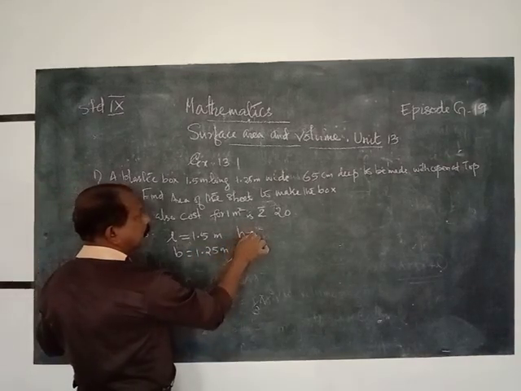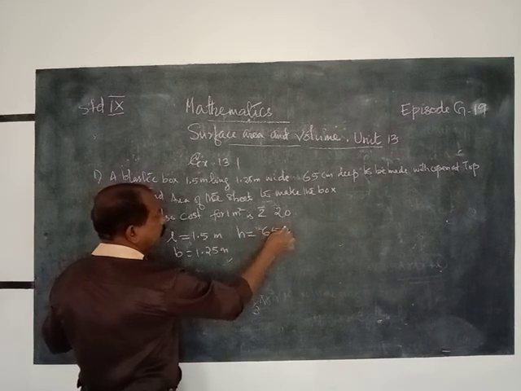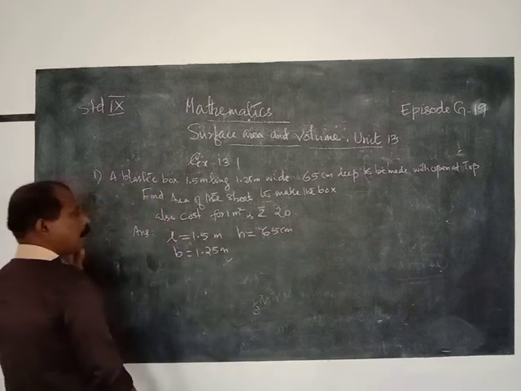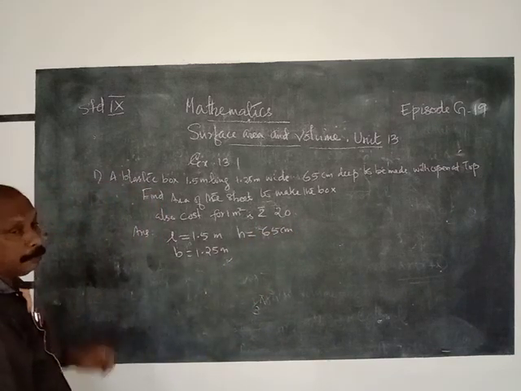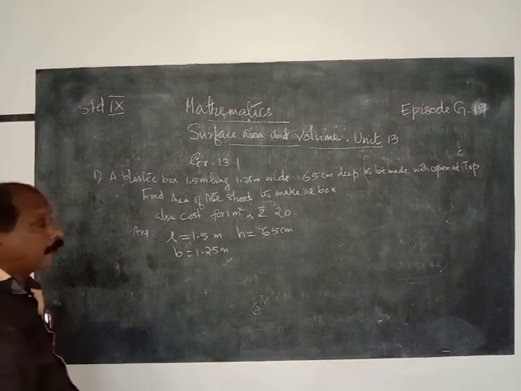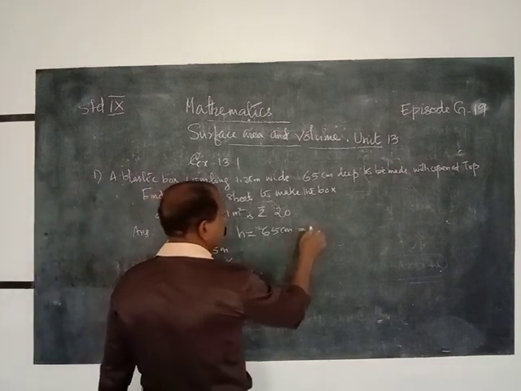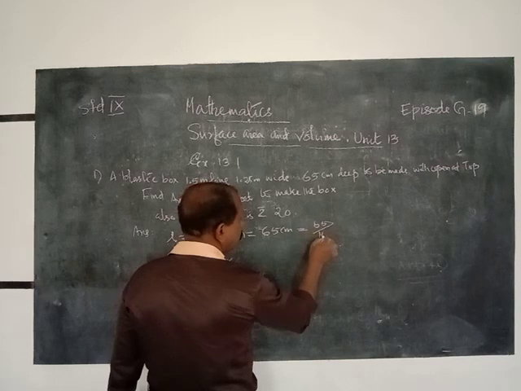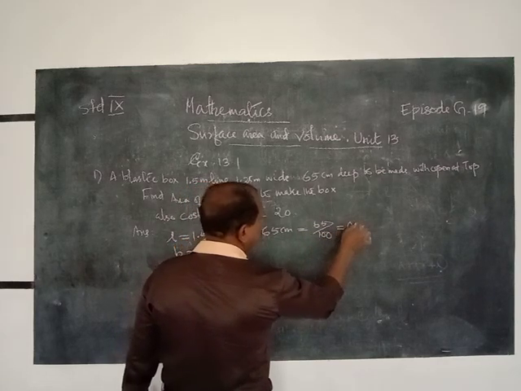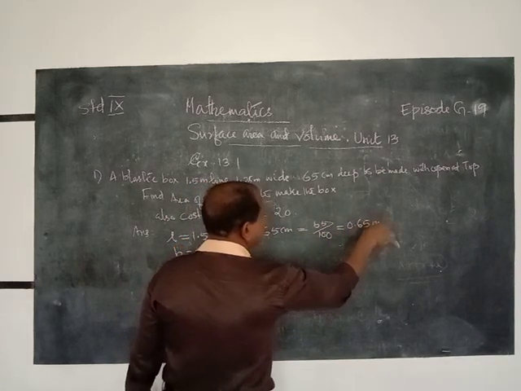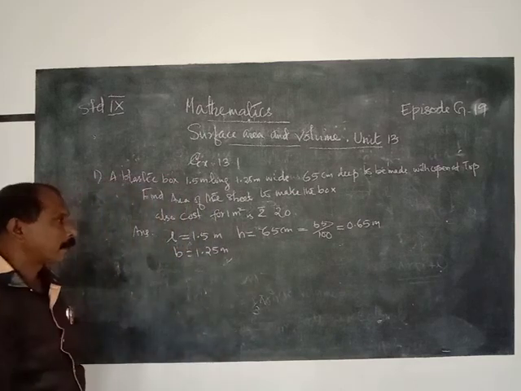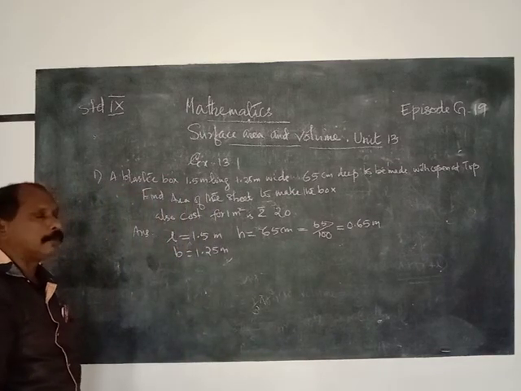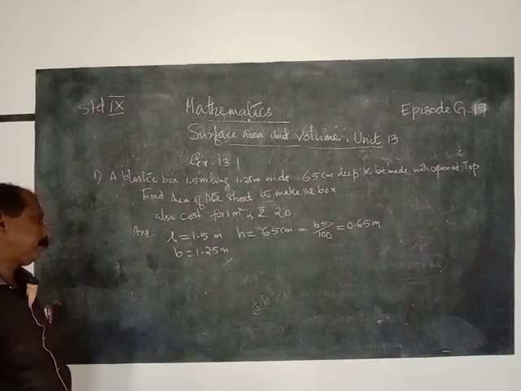And h, that is height, is equal to 65 centimeter. We can convert, 100 centimeter is 1 meter. Therefore, centimeter divided by 100 is equal to 0.65 meter. Clear? We convert centimeter into meter by dividing by 100.